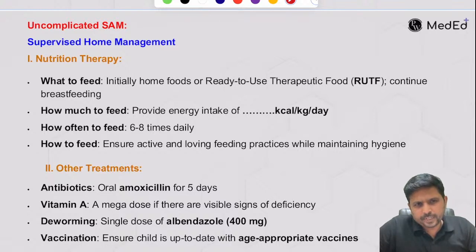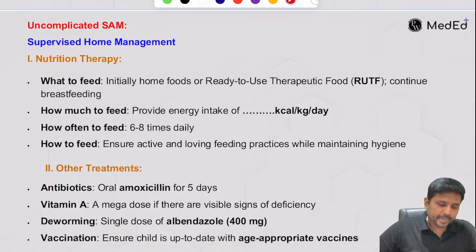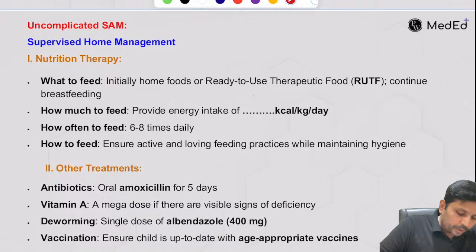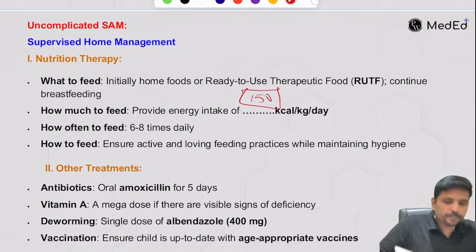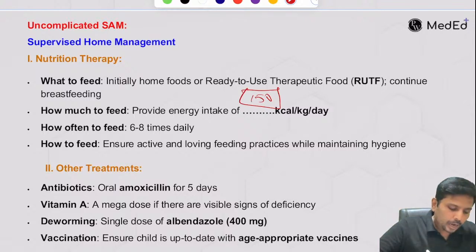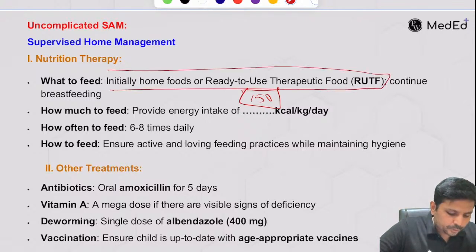Okay, so very simple. Uncomplicated SAM can be treated at home itself by giving 150 kilocalories per kilogram per day, along with ready to use therapeutic feeds.